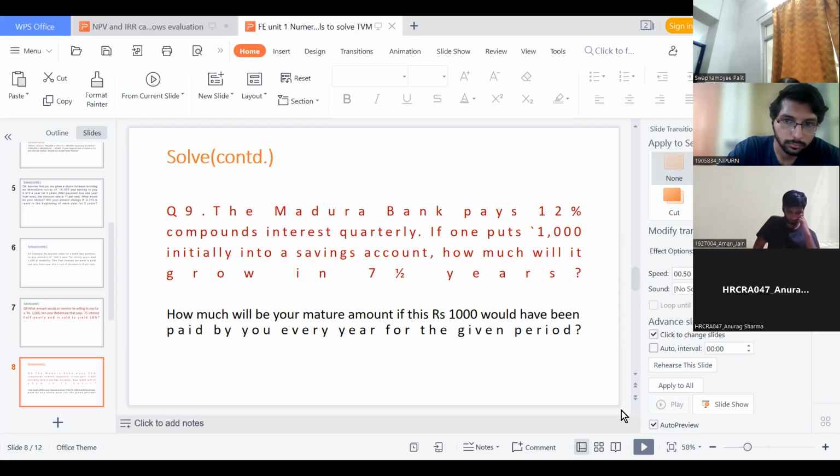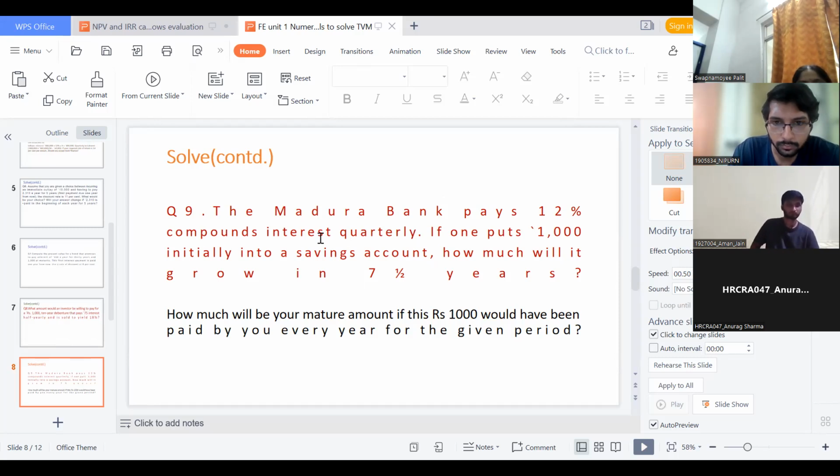Sachin, will you tell me how to do? इसमें m का वैल्यू 4 होगा ना? M is 4, correct. M is 4 and you take N to be 7.5. It's 7.5 years, no? Yes, ma'am. It should be 7.5. And then the same formula, you will do F equal to, you are going to find the future value here.